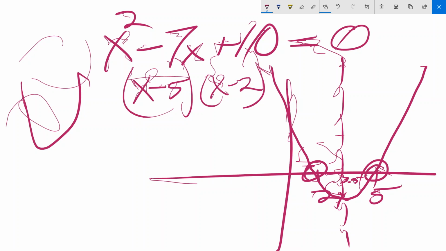Now, just verify in your own mind that that's halfway between 2 and 5. How far is it away from 2? It's 1.5 away from 2. It's 3.5 minus 2. How far is it away from 5? Subtract it. 5 minus 3.5.